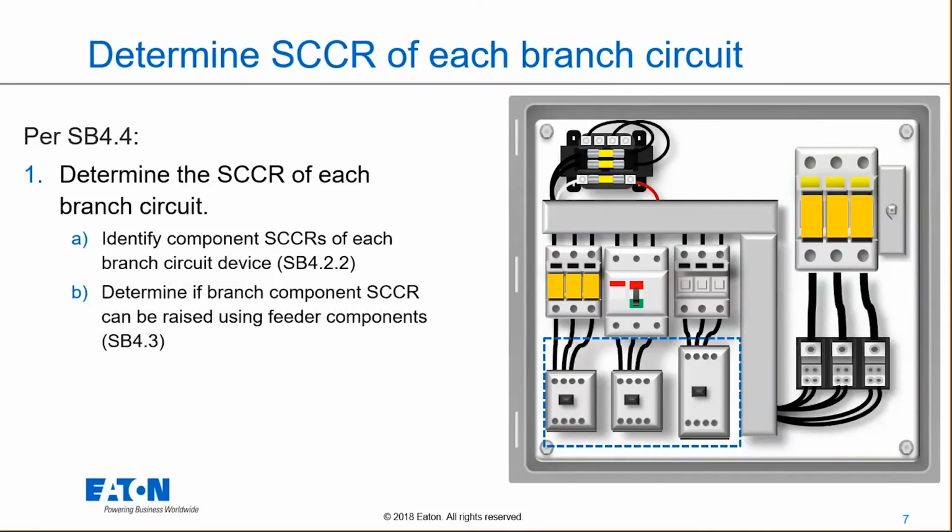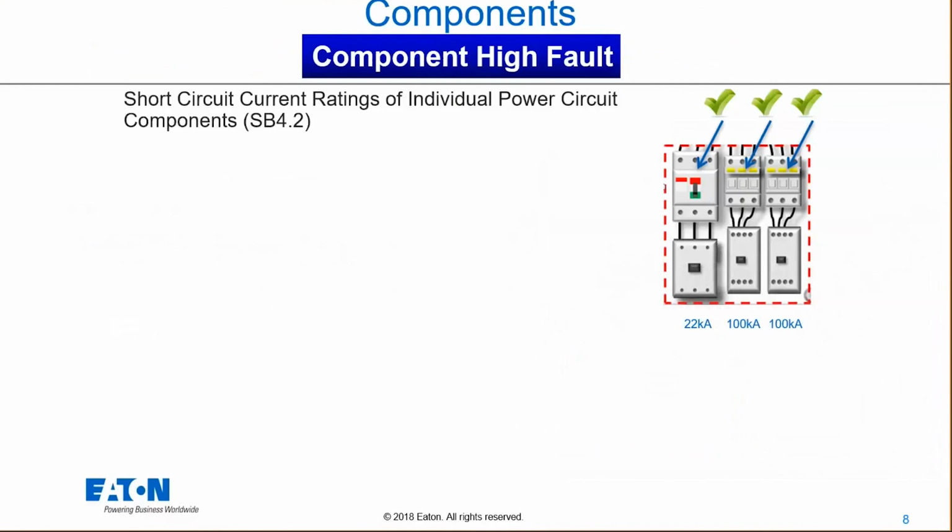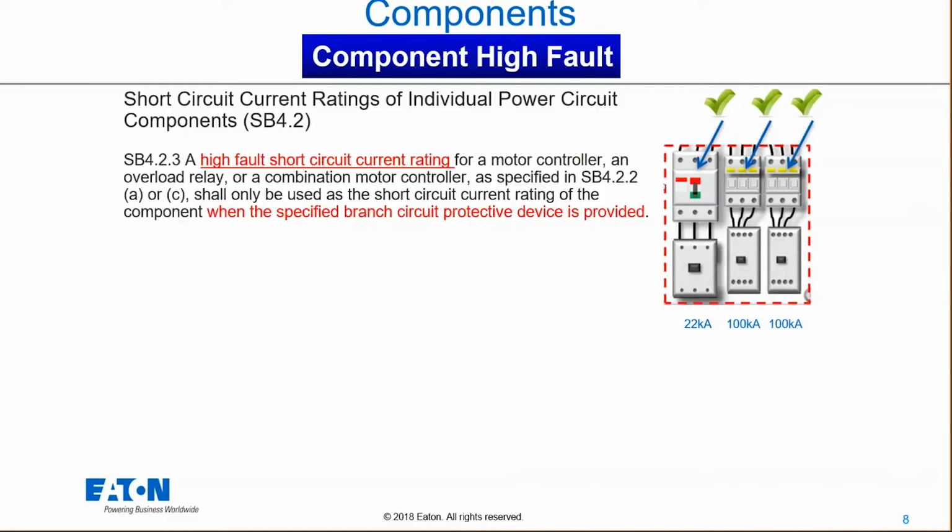So when we look at the high faults, we're jumping right into that portion of it: short circuit current ratings of individual power circuit components. A high fault short circuit current rating for a motor controller, an overload relay, or a combination motor controller as specified in SB 4.2.2 shall only be used as a short circuit current rating of the component when the specified branch circuit protection device is provided.